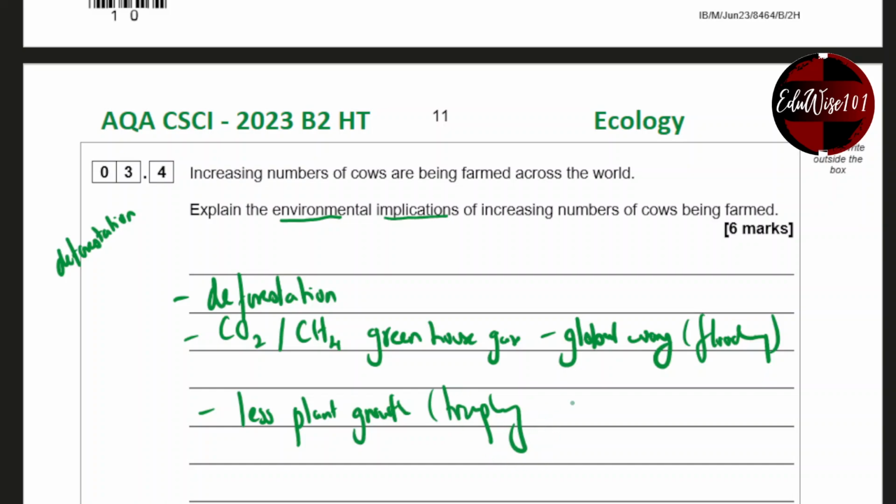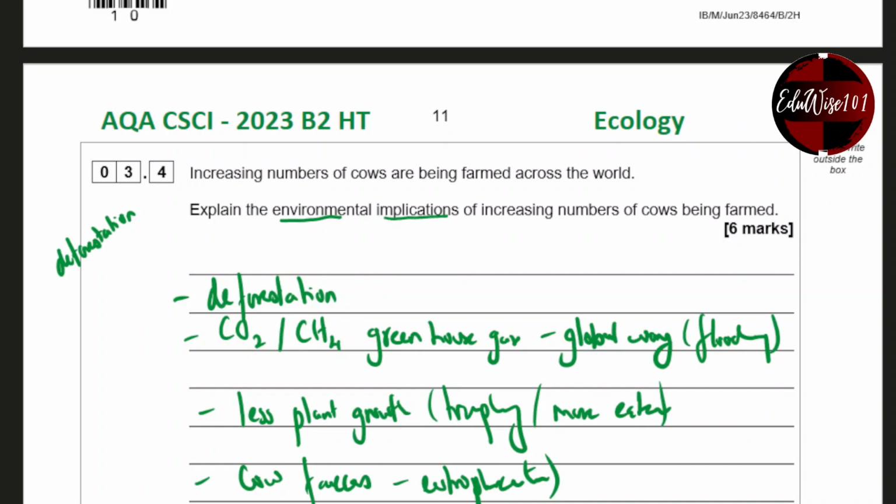So trampling because they're walking over plants, and plants are more being eaten as well. And all the cow feces, the waste, can lead to eutrophication if it winds up in the river. So that should be okay.